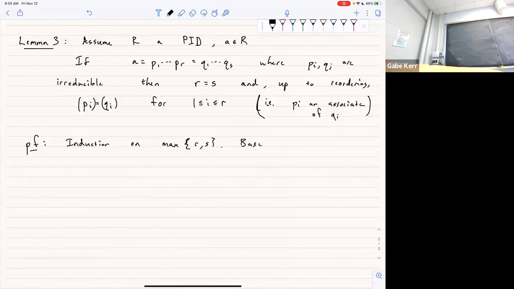The base case is just clear. And now let's assume it's true, and let's say S or R, to prove by induction.